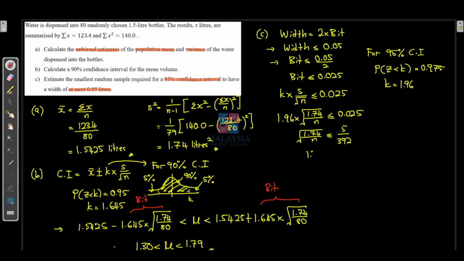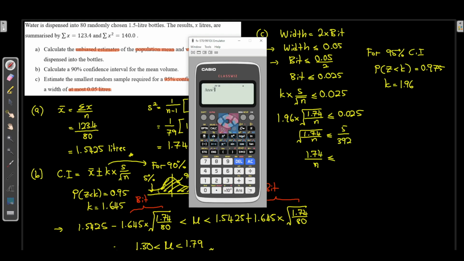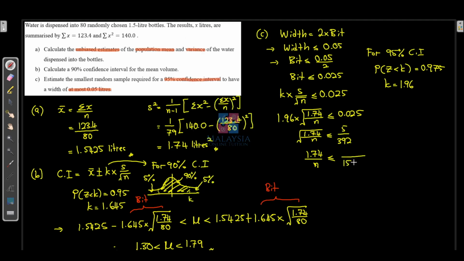And then we square this. So 1.74 over N less than or equals to, when we shift the square root, the other side is going to be squared. So we get, that's a very small value, 25 over 153,664.